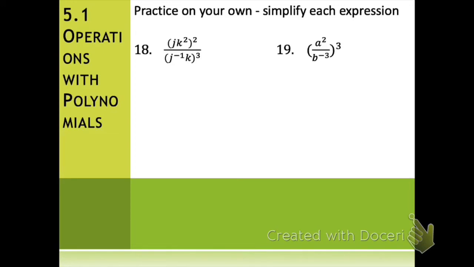So problem 18, I'm going to at least partially expand these. So this is going to be jk squared twice times another jk squared divided by, I'm going to write this thing 3 times, and I'll put it back together here in a second.